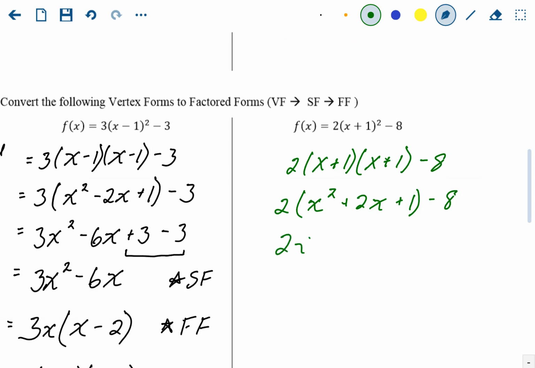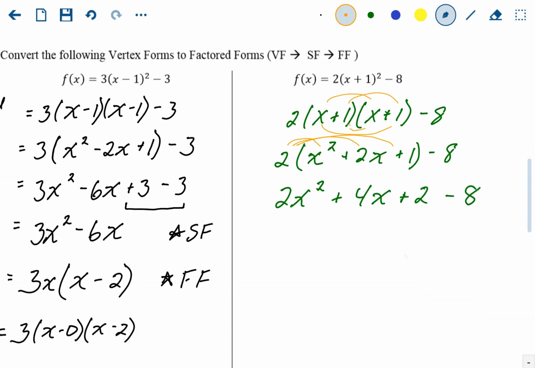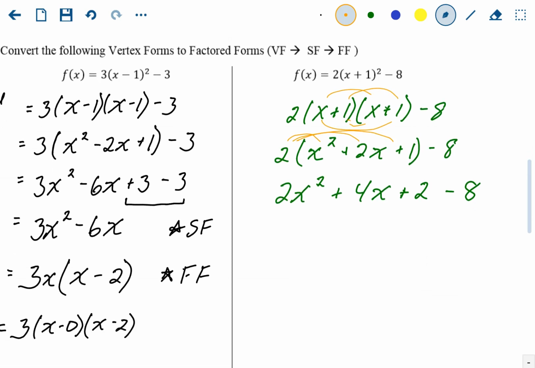Distribute the 2: 2x squared plus 4x plus 2, but don't distribute to the 8. So again, it's just distributing to these. The FOIL, first, outside, inside, last. Combine like terms. 2x squared plus 4x, and then the only thing that's going to combine is the 2 minus 8.